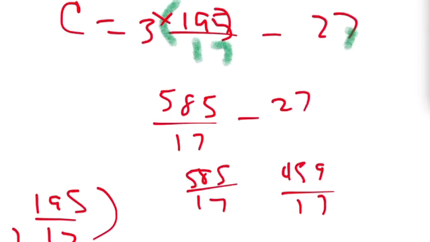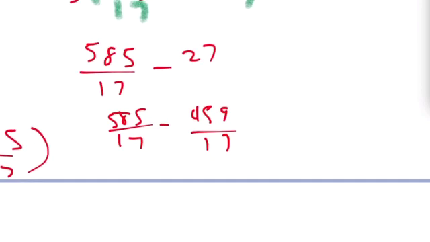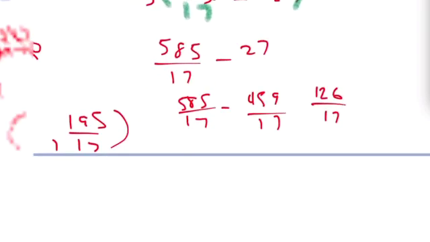Okay, and subtract them together. So your answer is 126 over 17. So your ordered pair is 126 over 17. That's how you do that one. Okay, got that one right.